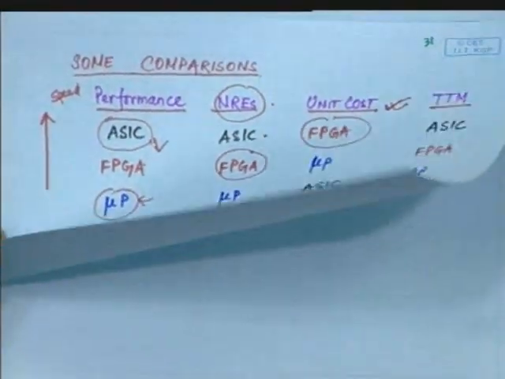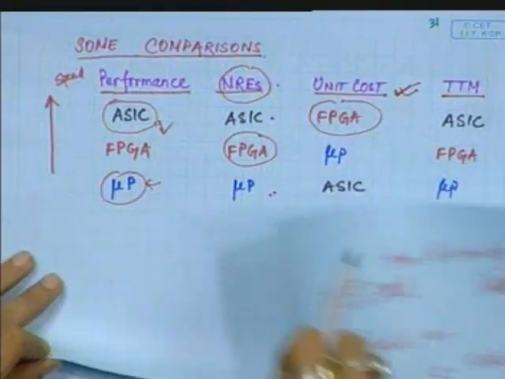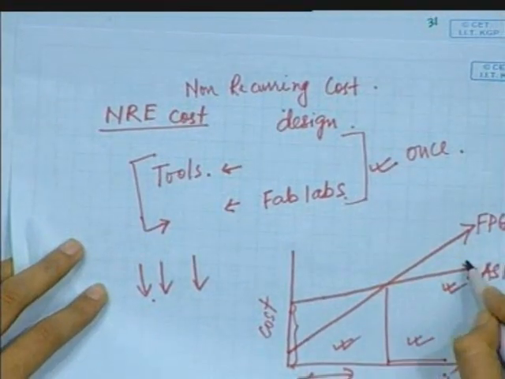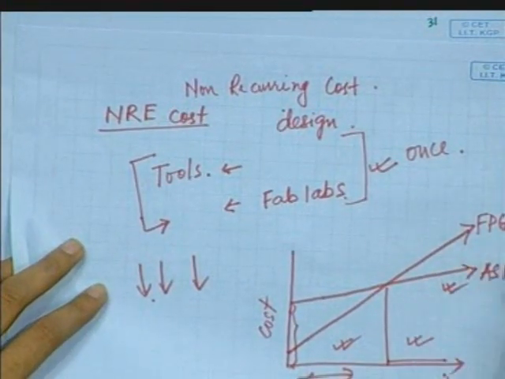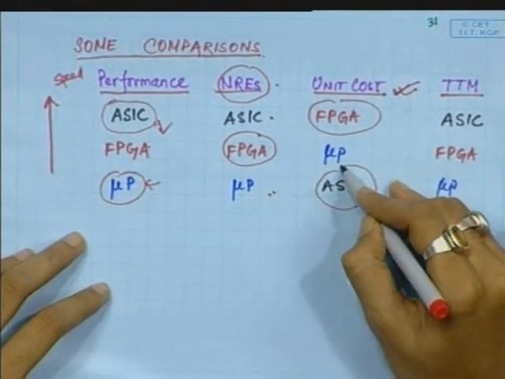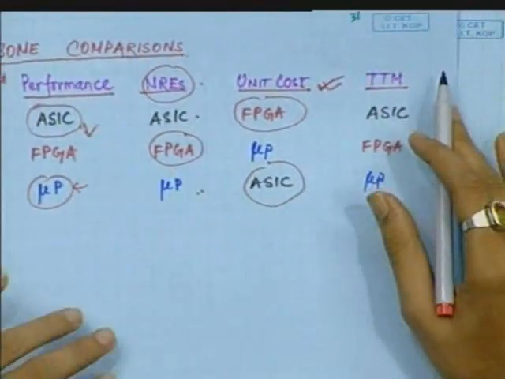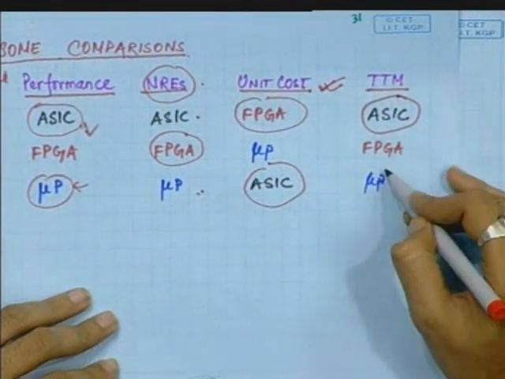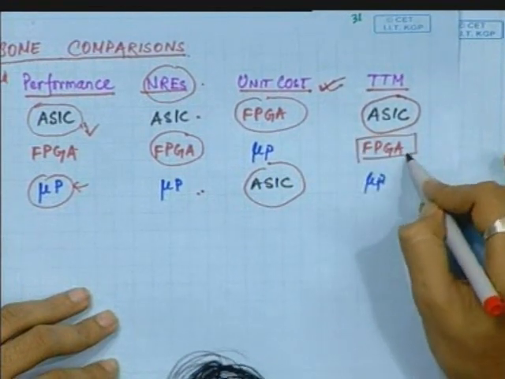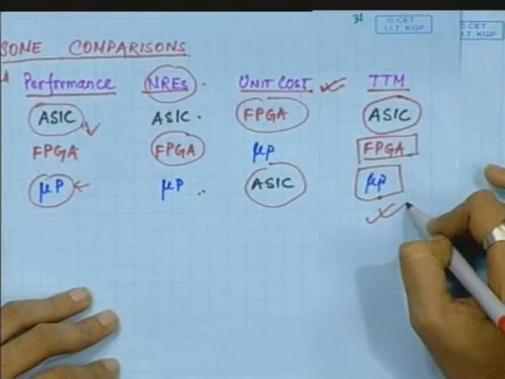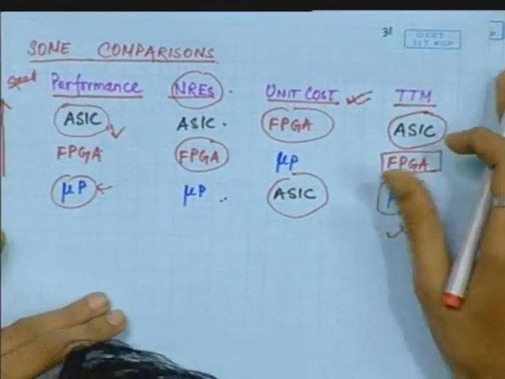That's why, since the unit cost is maximum, when we go for high volume production, the cost for FPGA production shoots up, right? For unit cost, ASIC has the lowest cost. For time to market, obviously ASIC has the greatest time to market, FPGA sits behind it, and microprocessor based designs take the least time to market.